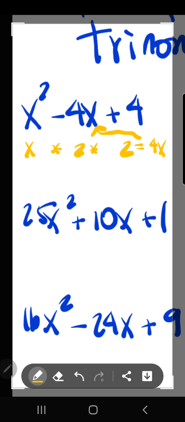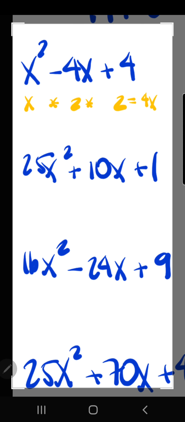Okay, so this is a perfect square. This is not the answer, only the proof, but we are going to try with this one.